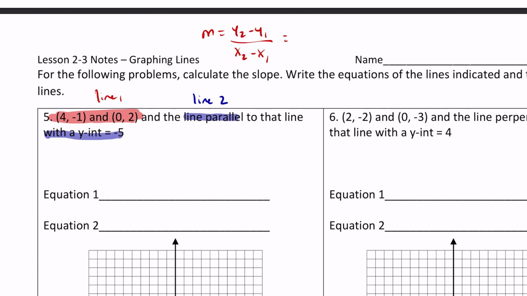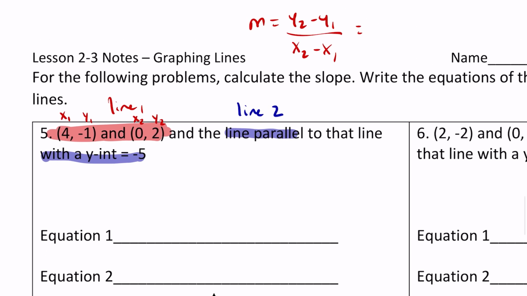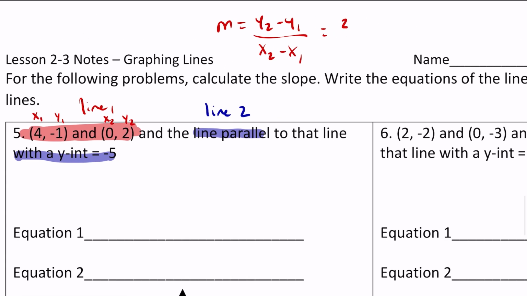Well, let me go ahead and label this. This is going to be x1, y1, x2, y2. y2 is 2, minus y1 is going to be -1, all over 0, which is my x2, minus 4, my x1.